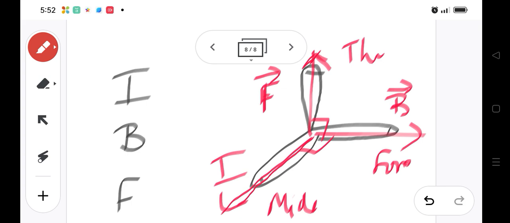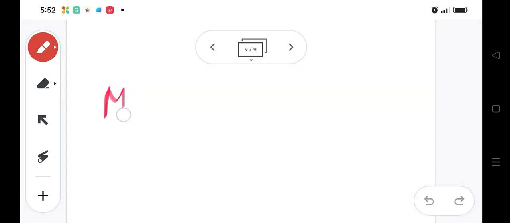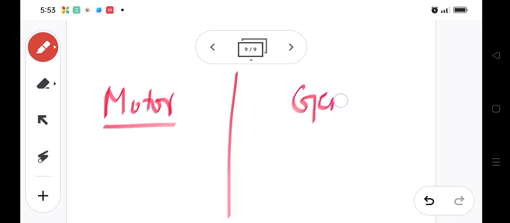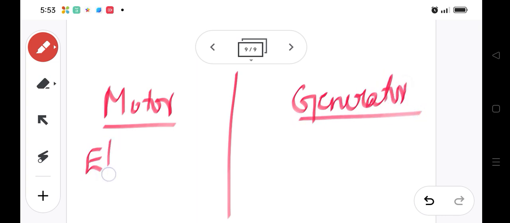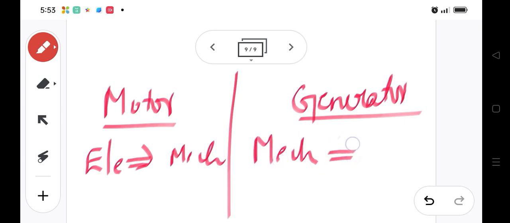It is just the reverse of the electric motor, and we can make a comparison. In the case of electric motor, we are providing electrical energy and getting mechanical energy. In the case of generator, it is reversed: we are providing mechanical energy and getting electrical energy.